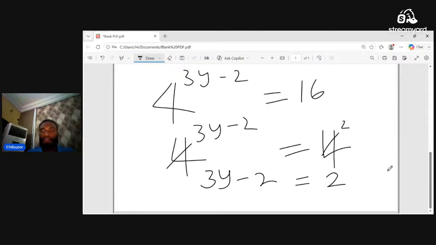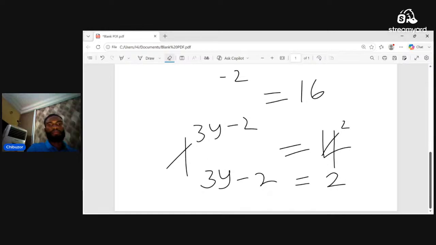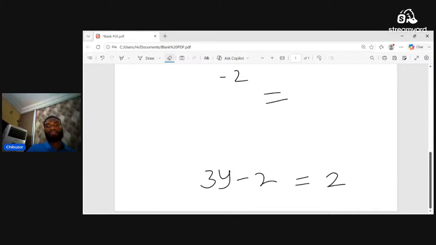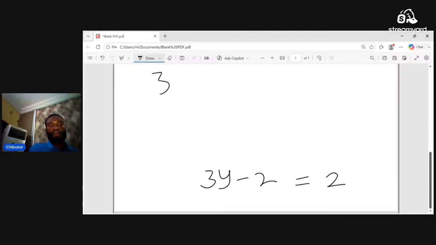So when we have 3y minus 2 is equal to 2, that will now be 3y. You collect like terms, 2 plus 2.